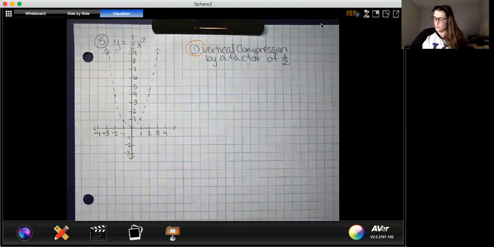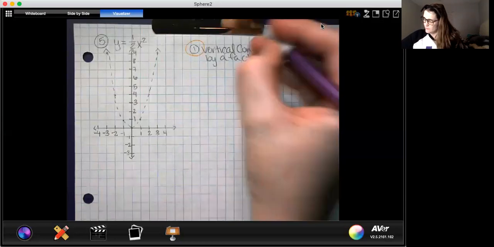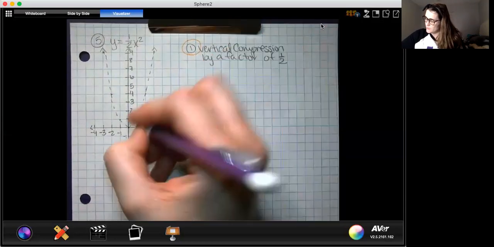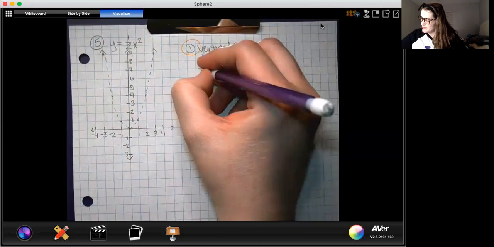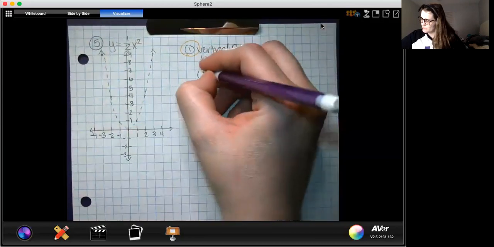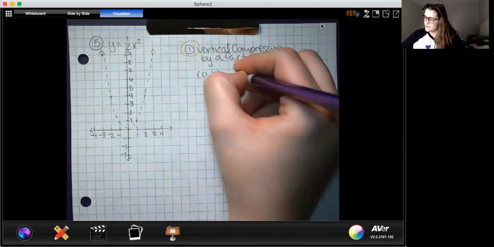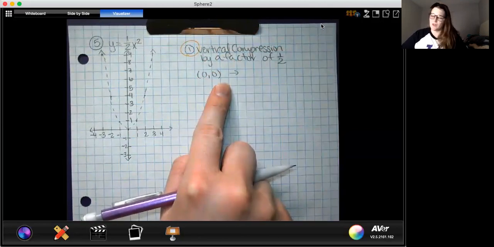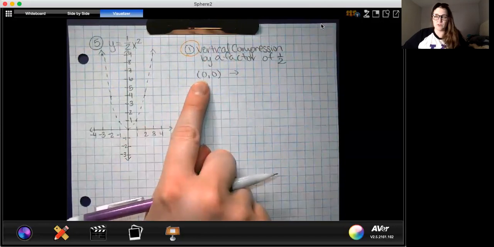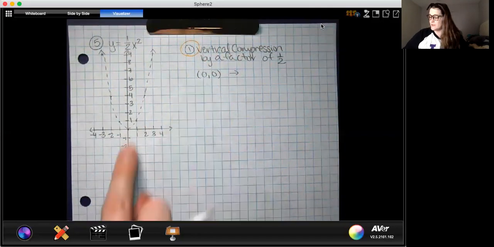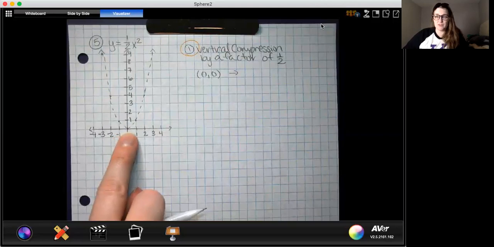So if we think about our points, for example, our original point is 0, 0. If I compress this by a half, am I going to be changing what I input to the equation? No, I still have to have 0 as my starting point.